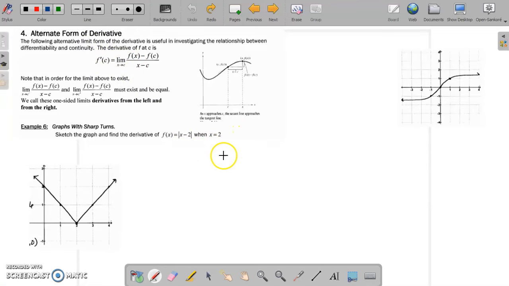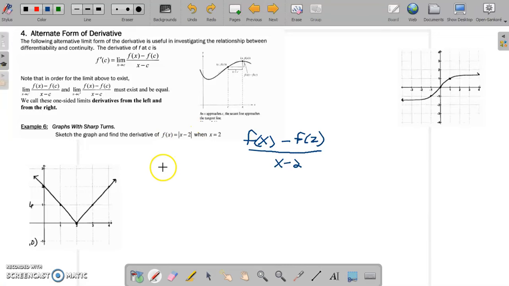So f of x minus f of 2, because my c is 2 in this case, divided by x minus 2. So that's what we're going to be doing here. My function is the absolute value of x minus 2.